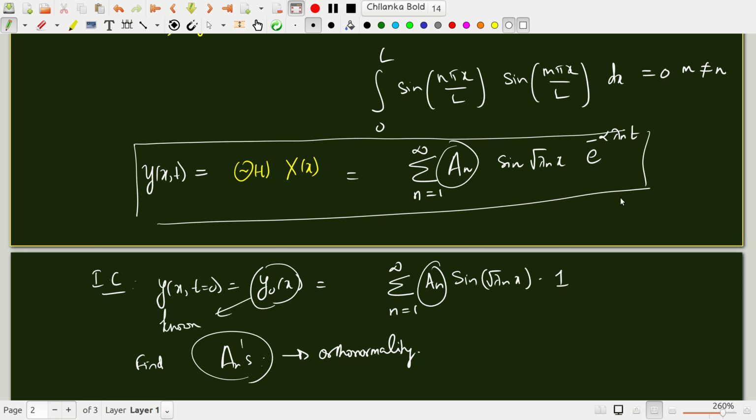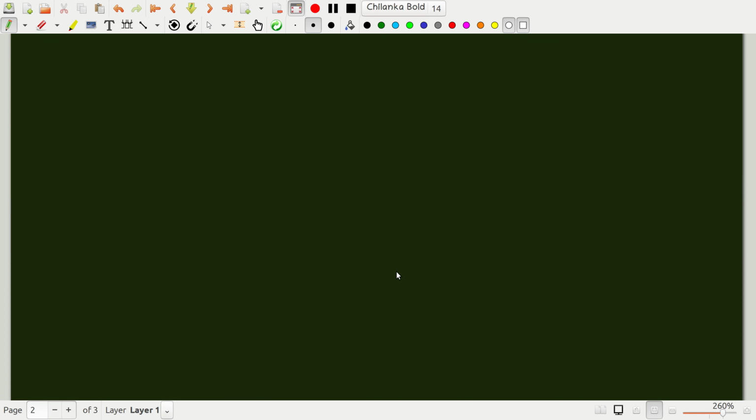And what are the lambda n's? We know lambda n is n squared pi squared by L squared. This is how we solve the problem using separation of variables. But note that even in separation of variables, we had to use the notion of an eigenfunction expansion, although we do it in an indirect way.